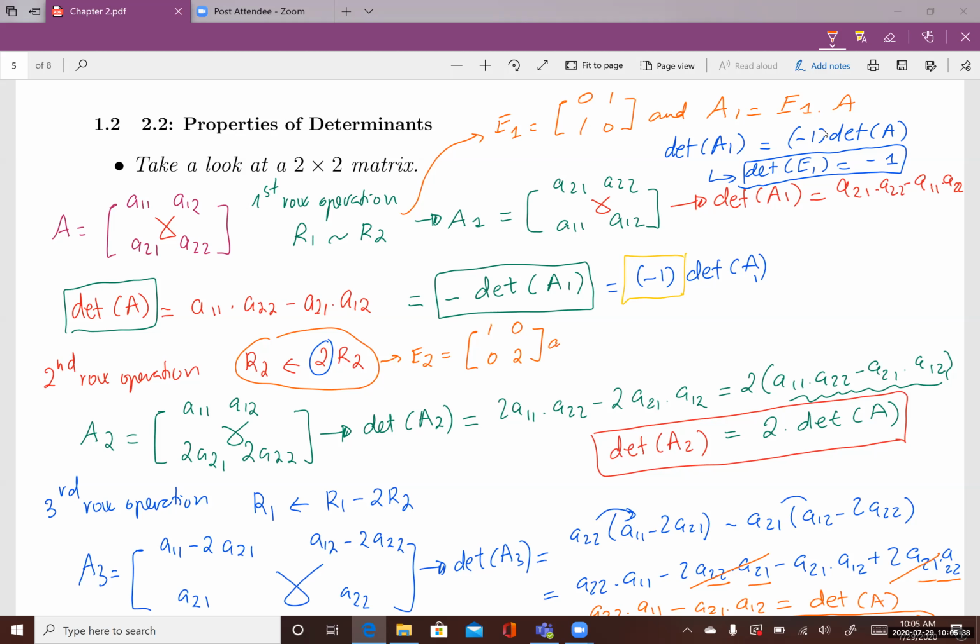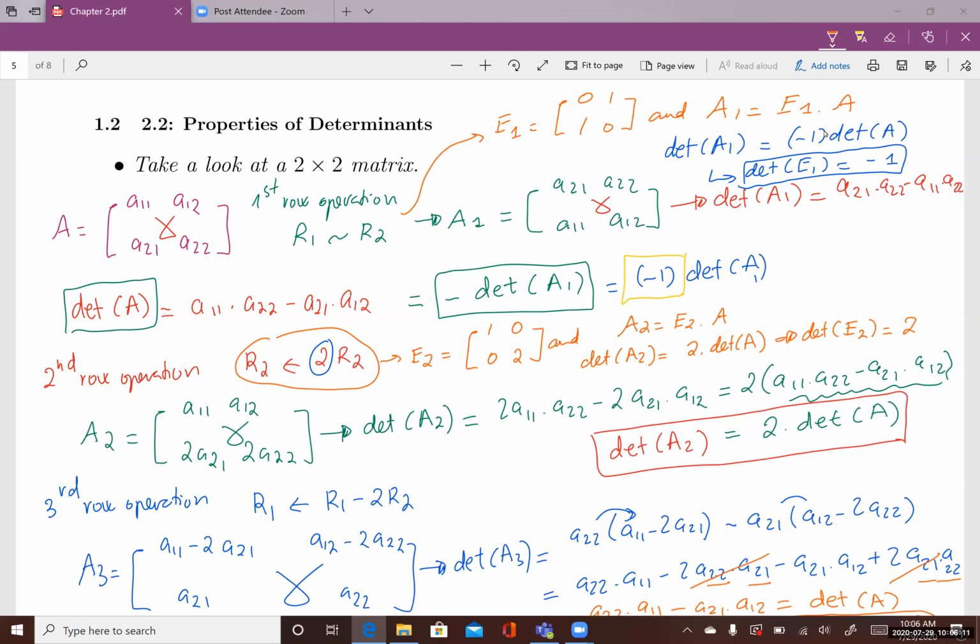And then we know that A2 equals E2 times A. And we also know that the determinant of A2 is 2 times the determinant of A, which means the determinant of E2 equals 2.